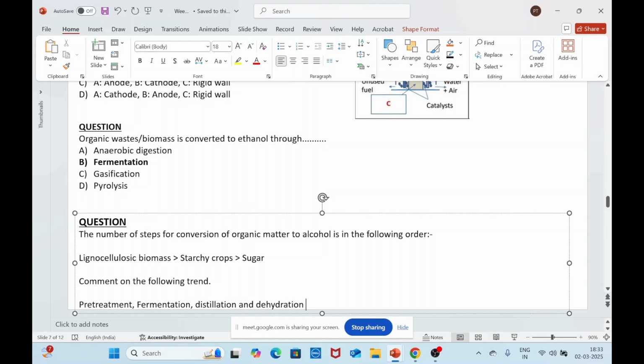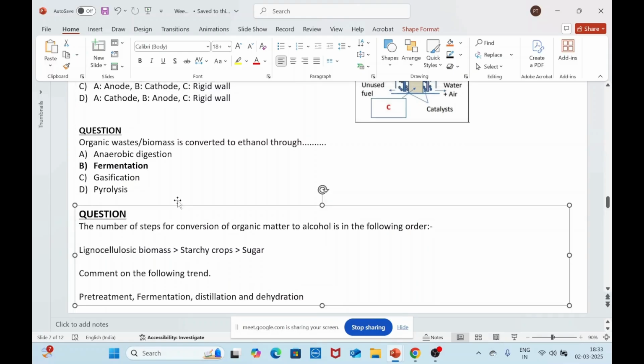So this is fine. So for each and every lignocellulosic biomass, starchy crops and sugar, the number of processes for the conversion, if you see, is increasing. So in the course lecture slides also you can see that the number of techniques or the number of steps for the production is more in case of a lignocellulosic biomass compared to starch and sugar. So why do you think that this particular trend is present?